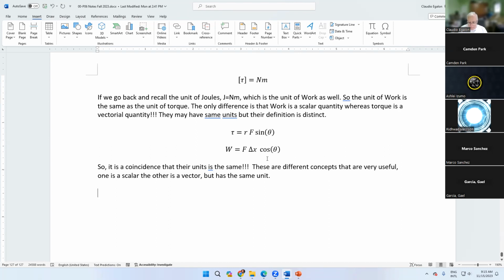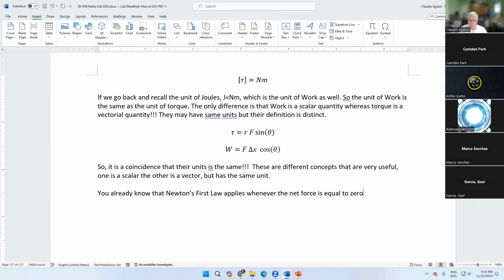So what else do we want to do? You already know that Newton's first law applies whenever the net force is equal to zero, right?